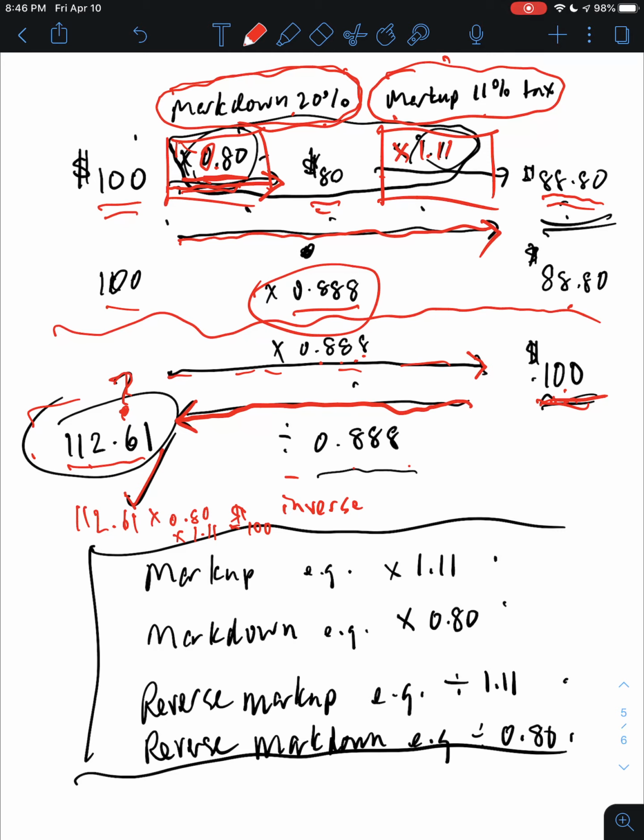Okay, let's just do a quick summary of what these look like. A markup is I multiply by a factor like this. That's an 11% markup. A markdown is I multiply by a factor less than 1. Reverse markup is where I divide by my markup factor, and a reverse markdown is where I divide by my markdown factor.